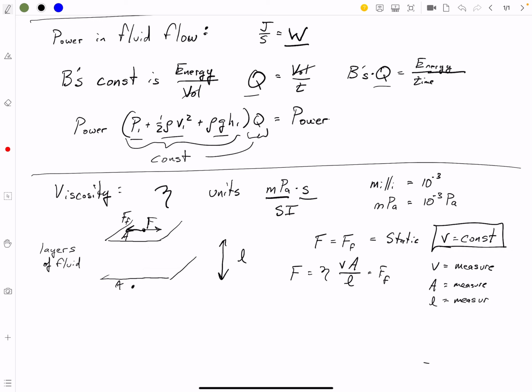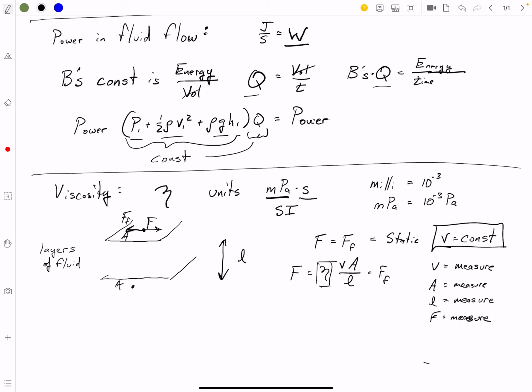Or width, however you want to think about it. So the only thing we really don't know, because the force is easy to measure too, right? You guys have measured forces. You just get the little box and you hook it up and pull on it, and you've got a measurable force. So we don't know eta, right?